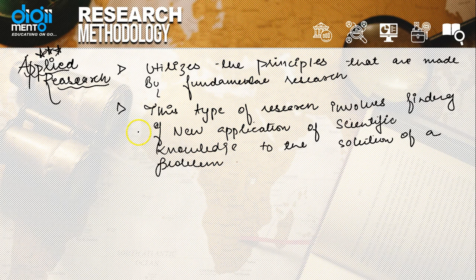Okay, so we solve the practical problems in life. Like in fundamental research, we are only taking the knowledge, we are not applying it to practical life. But in applied research, the name itself suggests that we apply our research in the practical world.